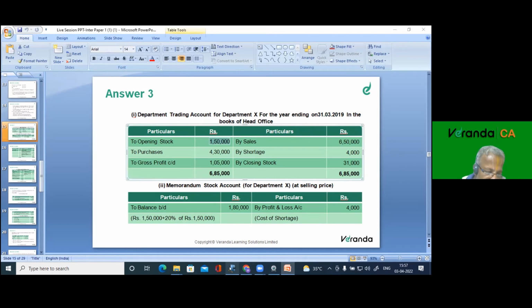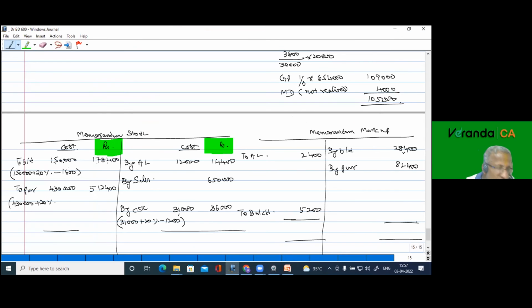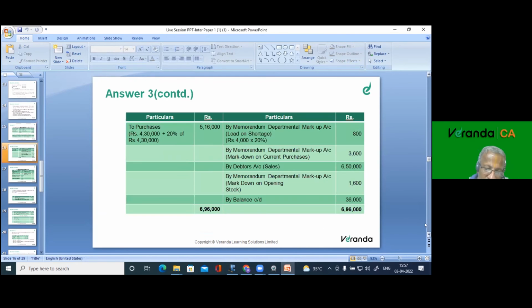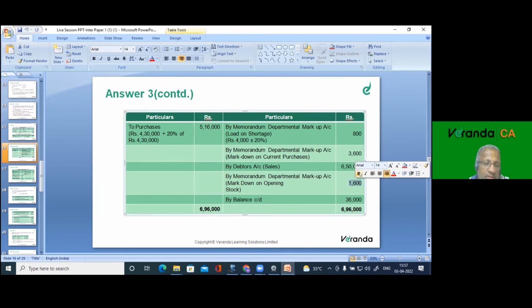And 1,600 rupees we have adjusted. So either you can put full value and show it as a reduction, or you can deduct it directly.